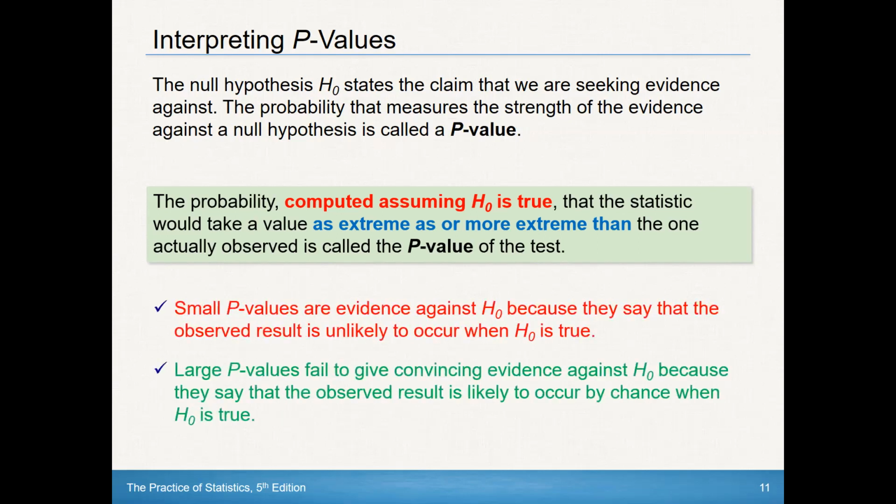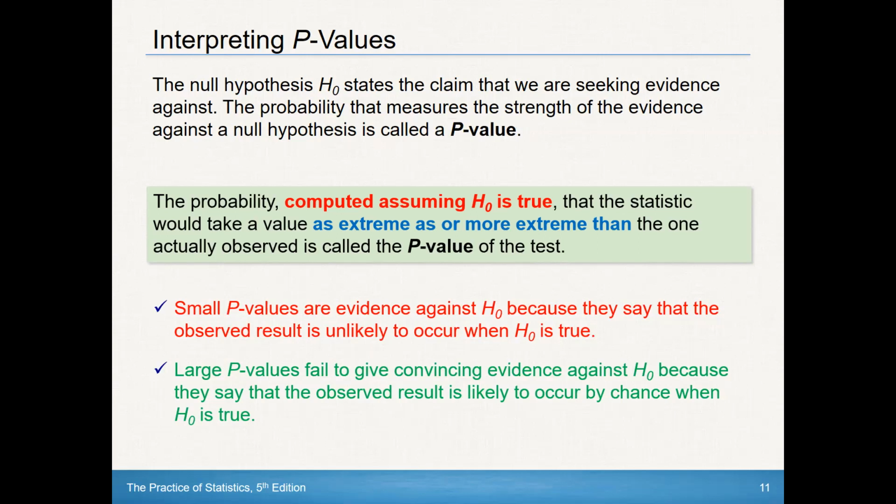What do you know about a p-value? Well, this hopefully isn't a surprise. Small p-values are evidence against H0. Again, evidence, not proof against H0. Why are small p-values evidence in this way? It's because they're implying that the observed result is unlikely to have occurred when the null hypothesis is true.